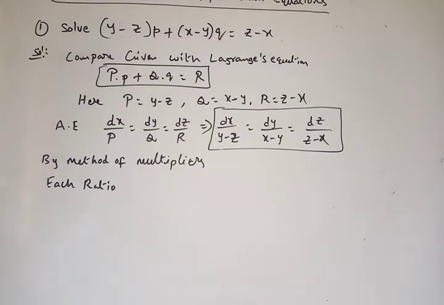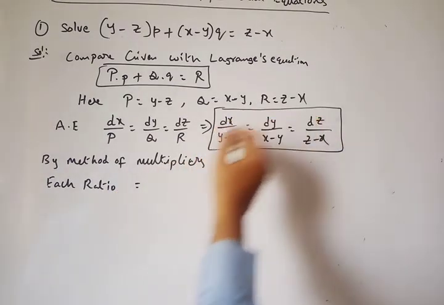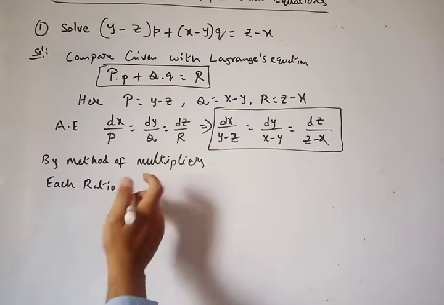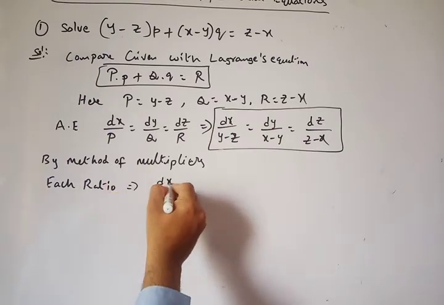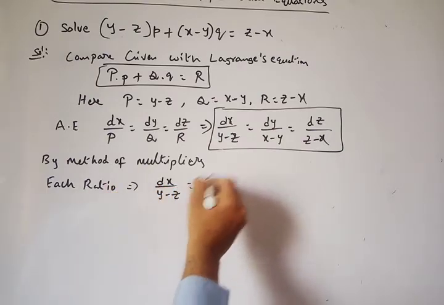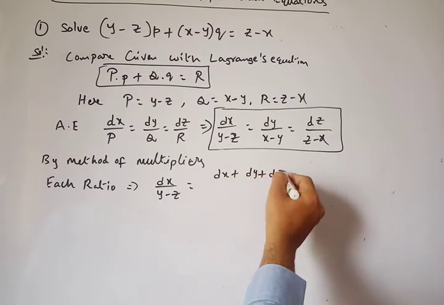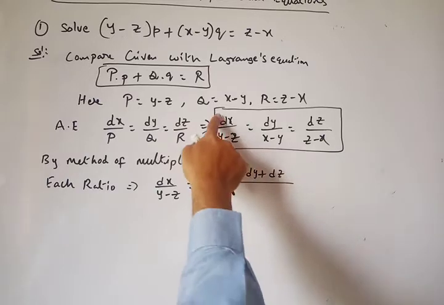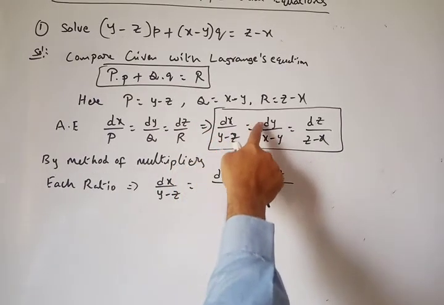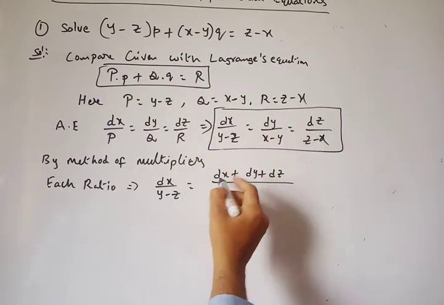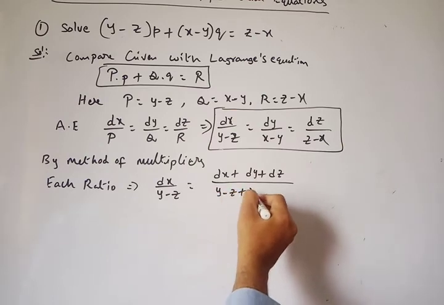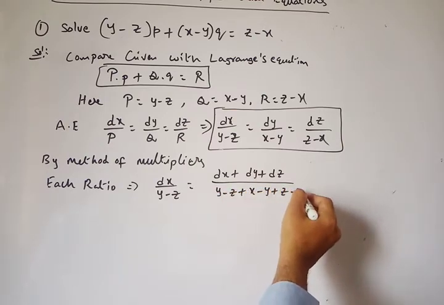Each ratio is equal to, taking the first one, dx by y minus z is equal to, I am adding these 3 numerators and 3 denominators. Otherwise, multiply and divide by 1, and add all numerators and add all denominators.